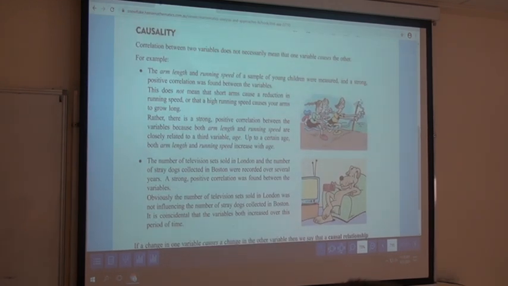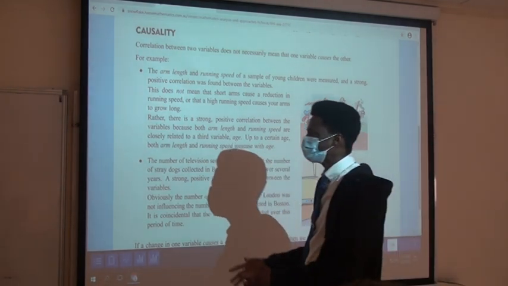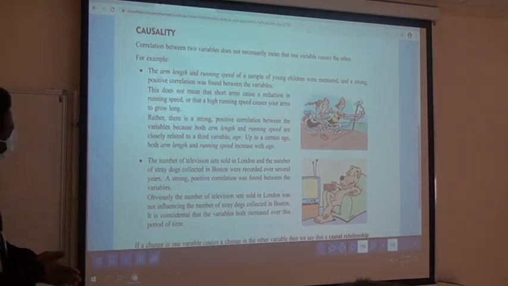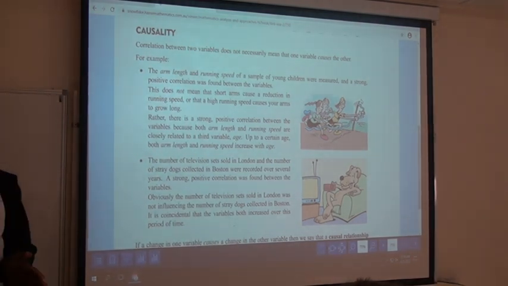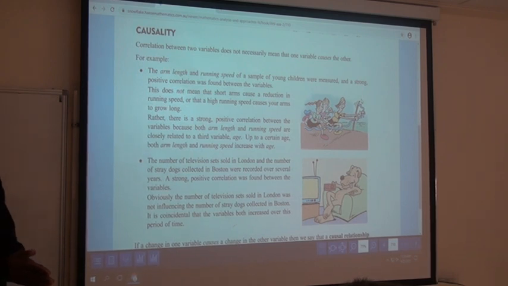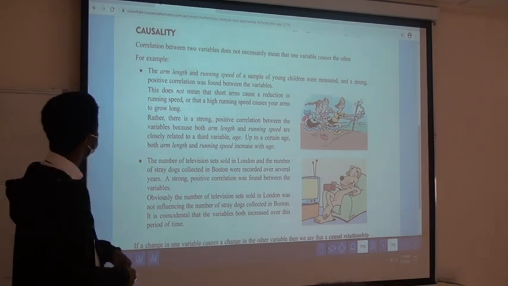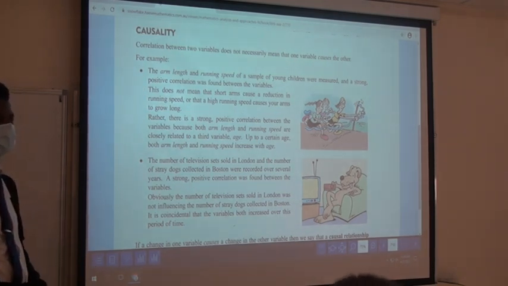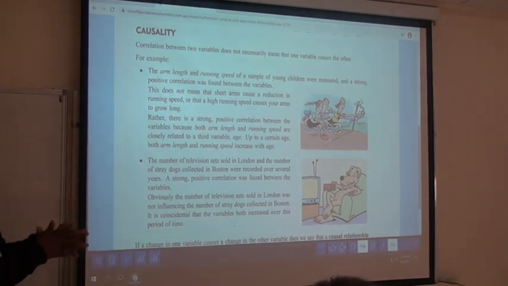Now, this is exactly what we talked about. The fact that there's a correlation between the two does not mean that one variable actually causes the other. Now let's look at this. The arm length and running speed of a sample of young children were measured, and a strong positive correlation was found.